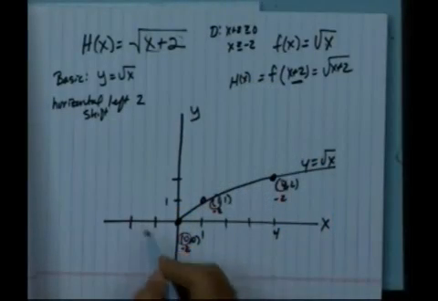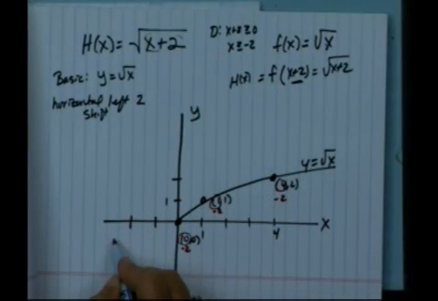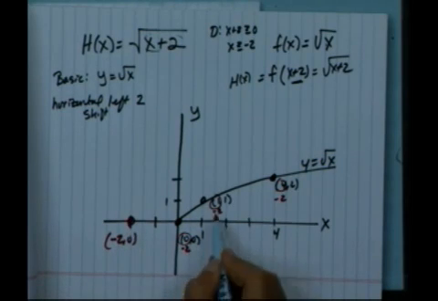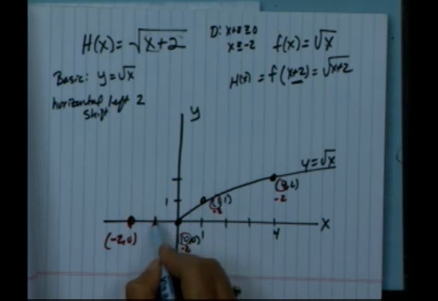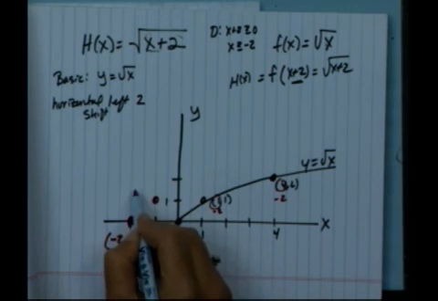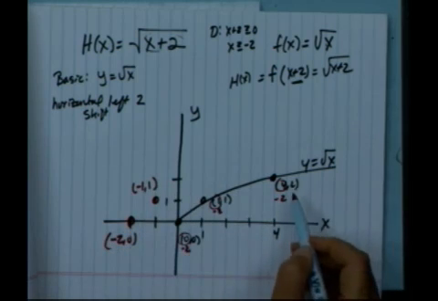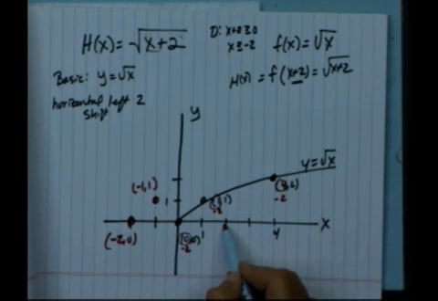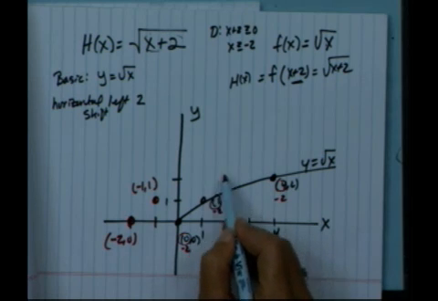So we'll come over here. So now my point is negative 2, 0. My point is negative 1, 1. And my point is 2, 2.